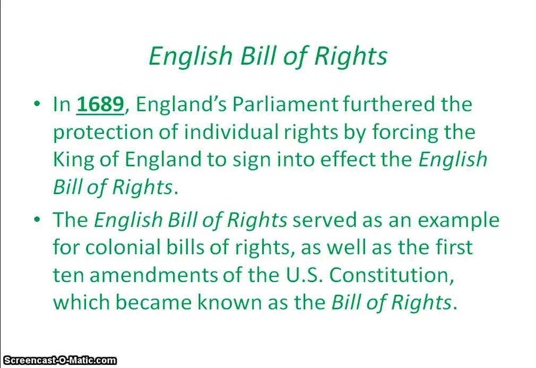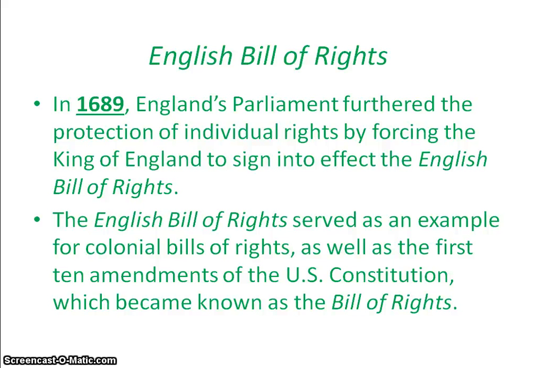One of those documents is the English Bill of Rights, which is going to be put into existence in 1689 by England's Parliament. Parliament is England's lawmaking body, similar to our Congress, and it furthers the protection of individual rights by forcing the King of England to sign into effect the English Bill of Rights.